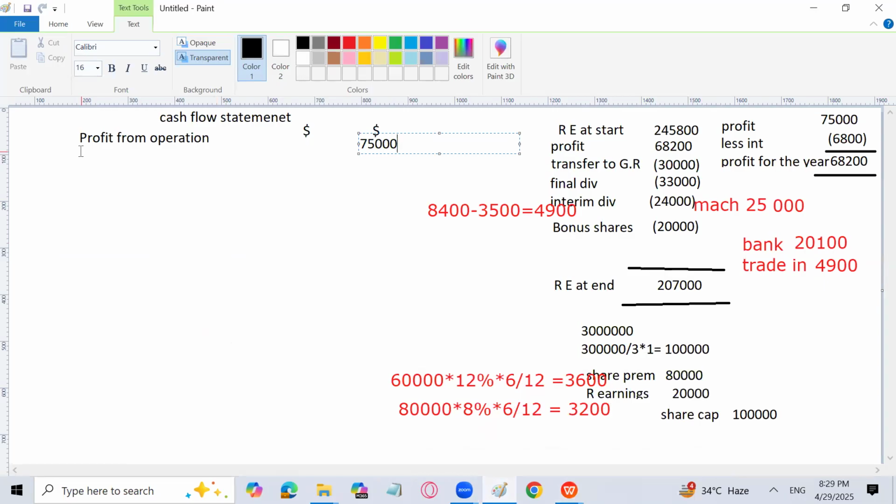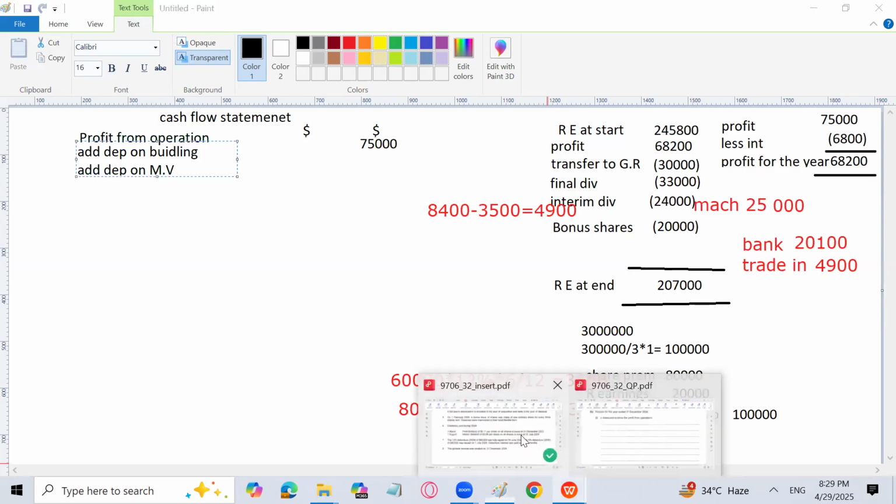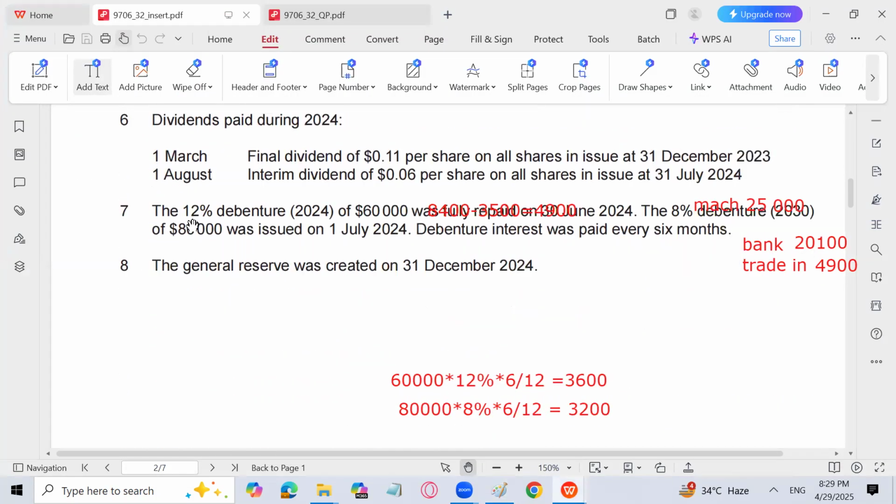So first of all, what I will do is add to profit from operation the depreciation on building, then add depreciation on motor vehicle. Let's see what the amount is. If you see the question, yes, loss on sale of asset will be added.